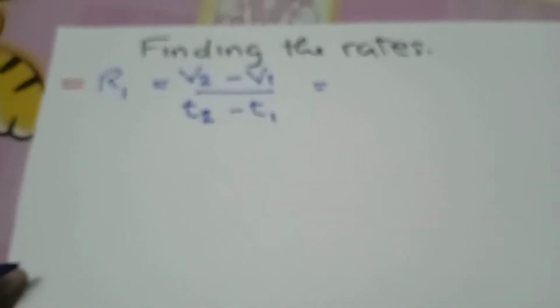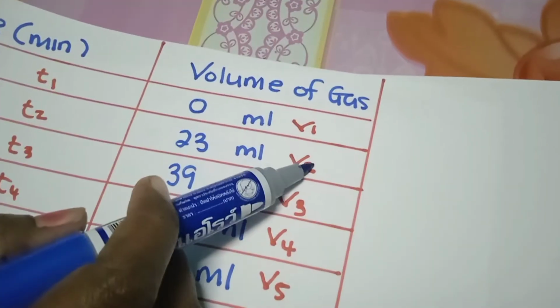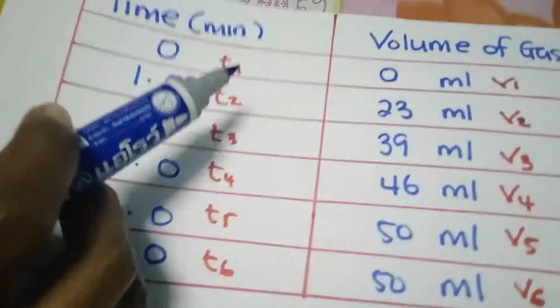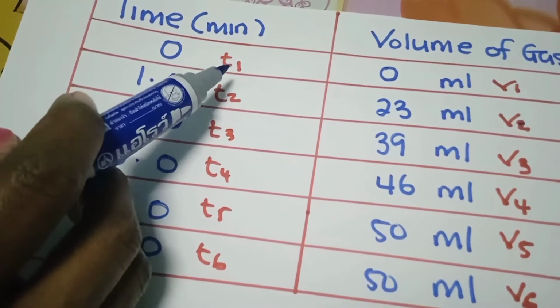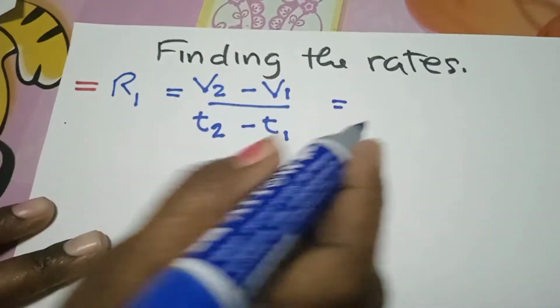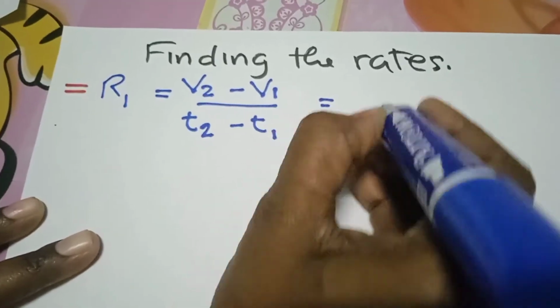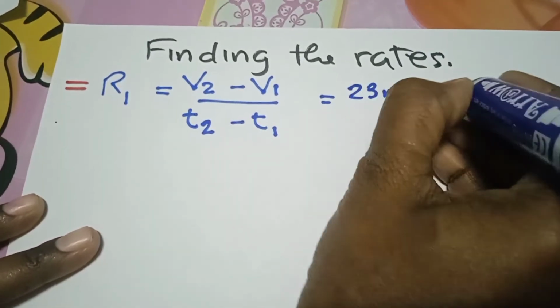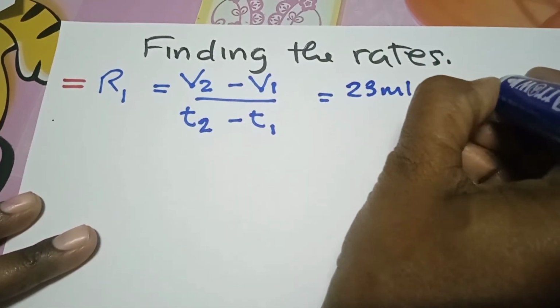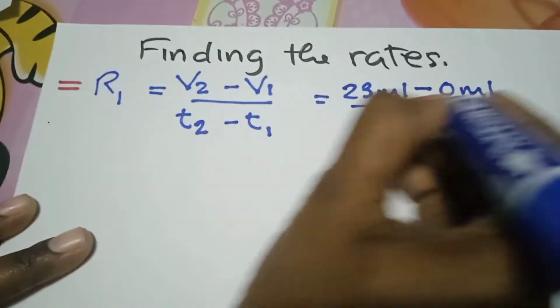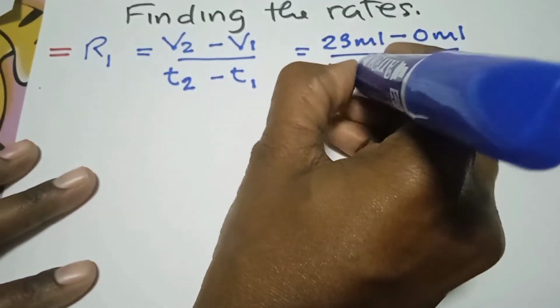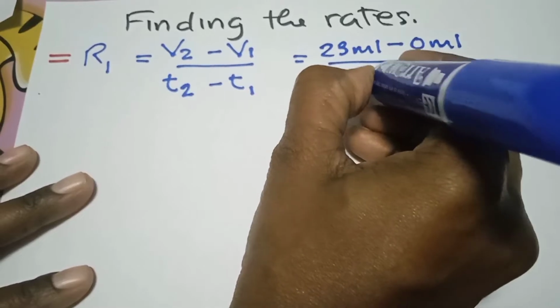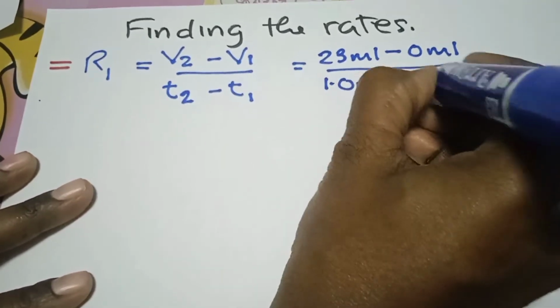From the table and prior to our labeling, this one is V2 and this one is V1. This one is T2 and T1. We just simply get this and substitute it into the formula. So V2 is 23, so we write 23 milliliters minus 0 milliliters, divided by T2, which is 1.0 minute minus 0 minute.